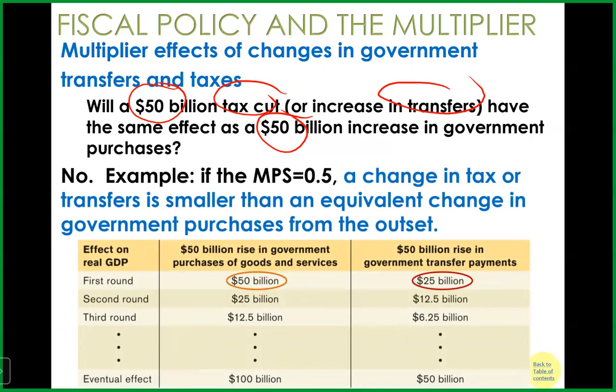This table summarizes the main difference. To start with, let's say the marginal propensity to save is 0.5, which essentially says the marginal propensity to consume equals 0.5 as well, because these two add up to 1. Now let's see their impacts. Let's start with this column.